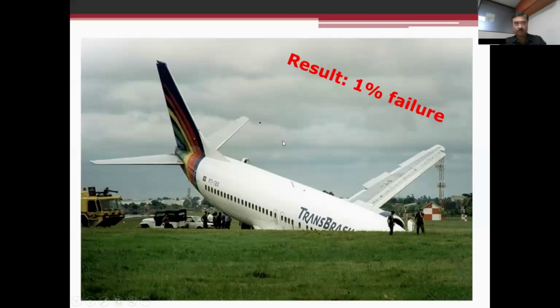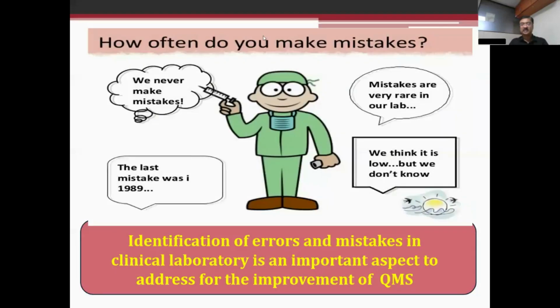Just look at the facts, find the area of lacunae, and take corrective action. But before that, we need to understand where the failure occurs, so we can act accordingly. If I ask you how often you make mistakes, we are very complacent.